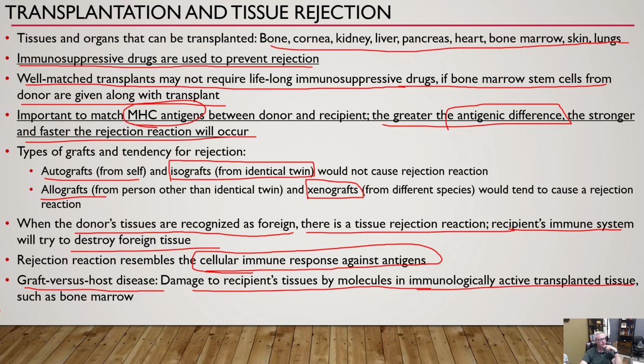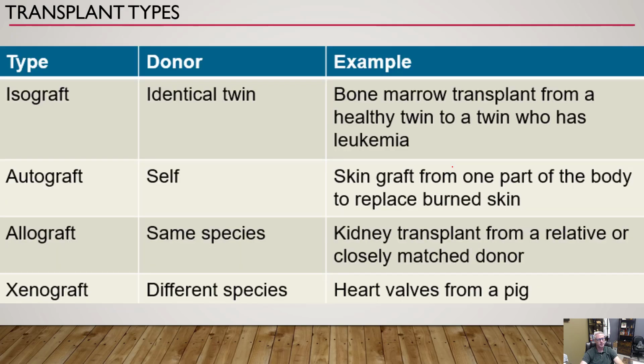So when we have that transplant reaction, because of that antigenic difference, it's called graft versus host disease. Here's just a little summary. An autograft is from yourself, an isograft is from an identical twin, an allograft is another human, not yourself, and a xenograft is from a different species.